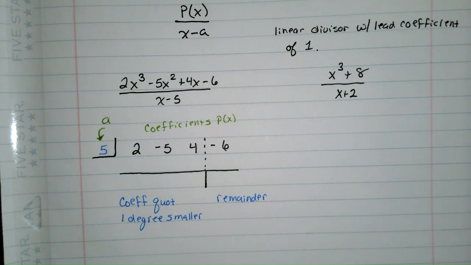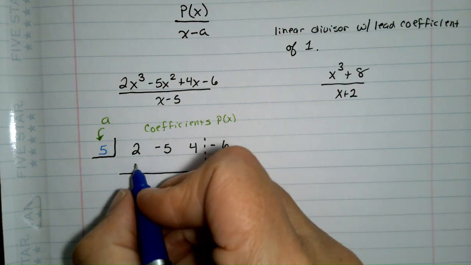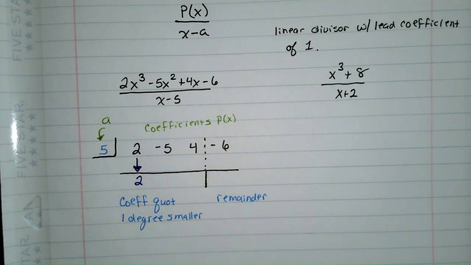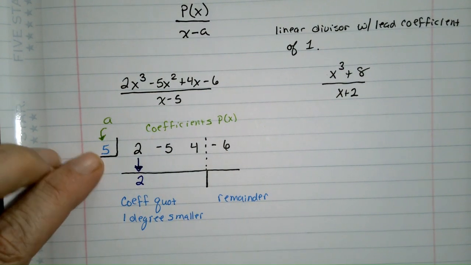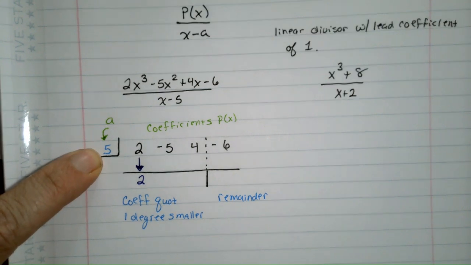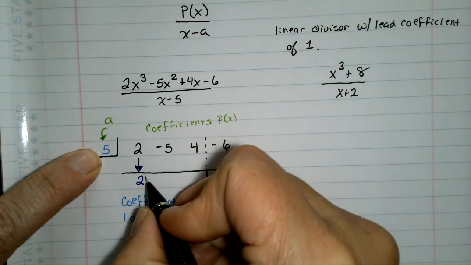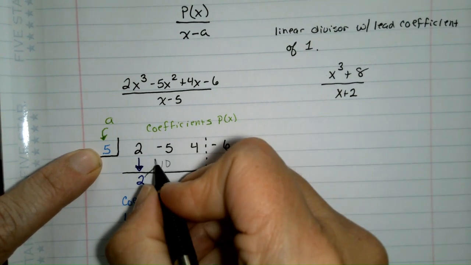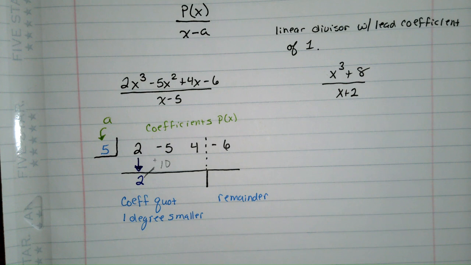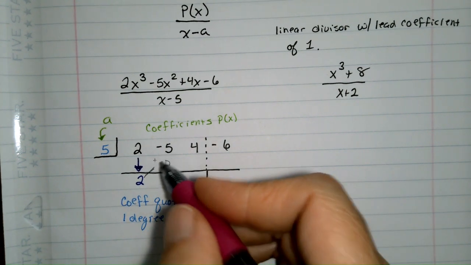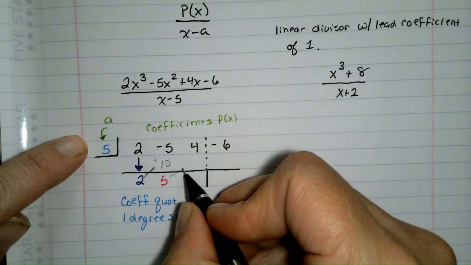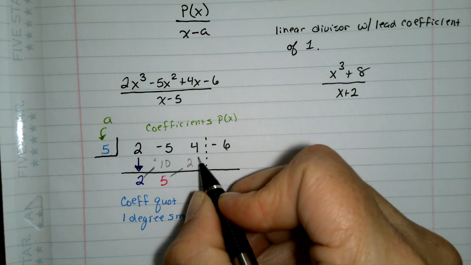Okay, the way this starts is you bring the first number down every single time. It's got to come down below the line. Then the number that's here, our a value, is our multiplier. So 2 times 5 is 10. And then you add. Negative 5 plus 10 is 5. Then you multiply. 5 times 5 is 25.